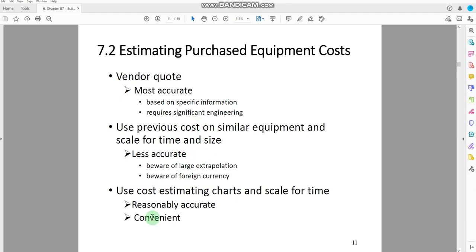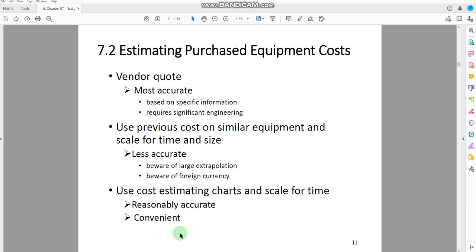Use cost estimating charts and scales for time. The third, more convenient way is to get the estimation about the cost using some kinds of charts relevant to each of the equipment, maybe to each of the industry. And it will give you the information on the scale of time. So you can have some information on how, with the increase in years, the cost could be impacted.